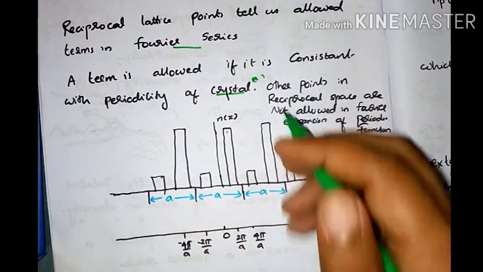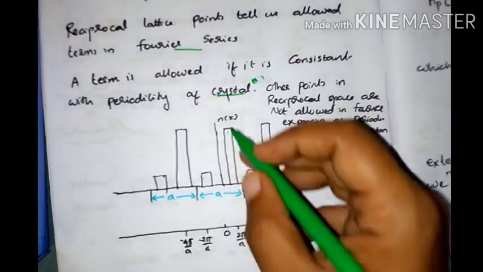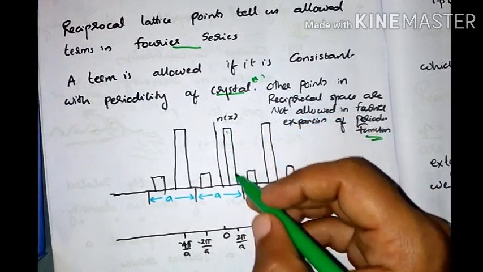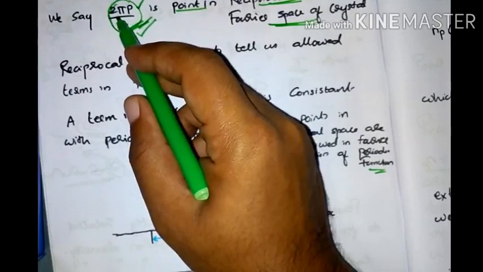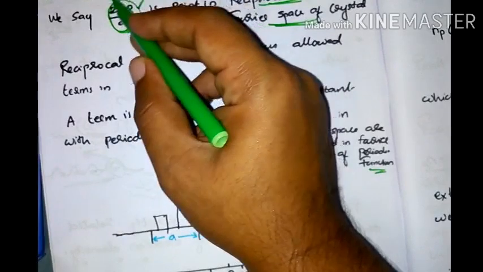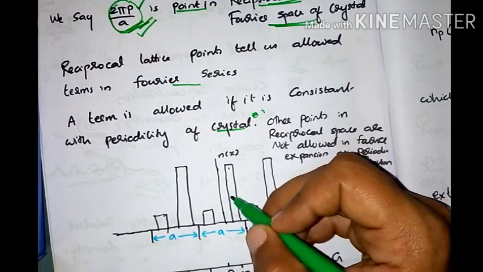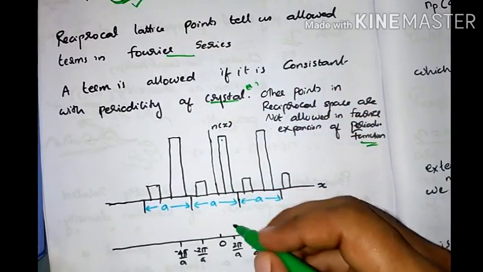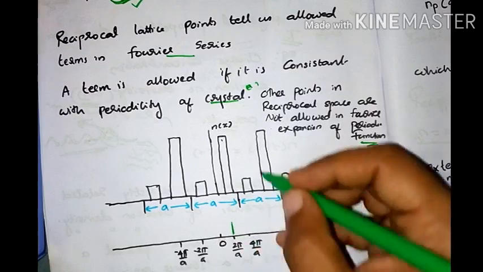You can see that this high or low is related to points in reciprocal lattice. The 2 pi p by a's that we say are reciprocal lattice points, and these electron densities have corresponding reciprocal lattice points.